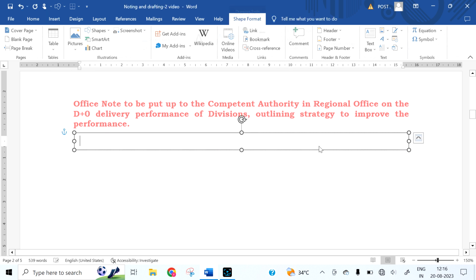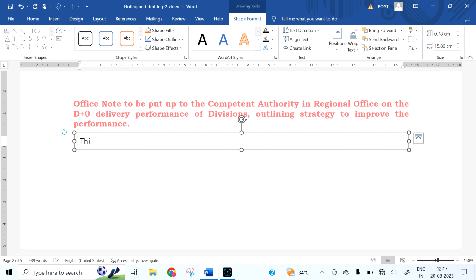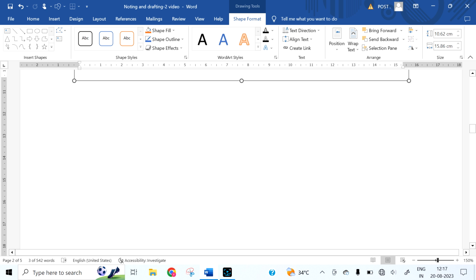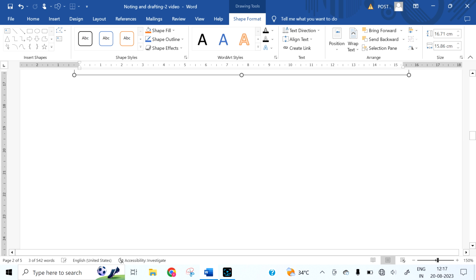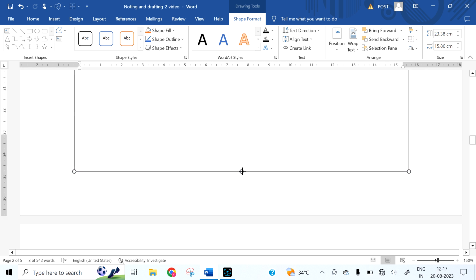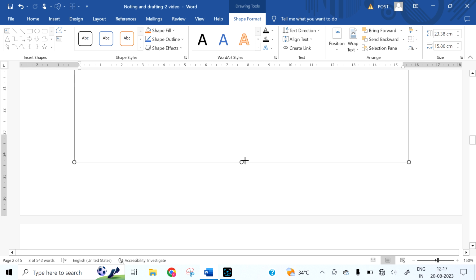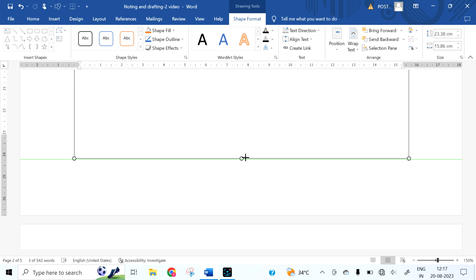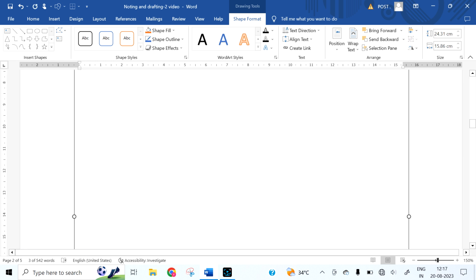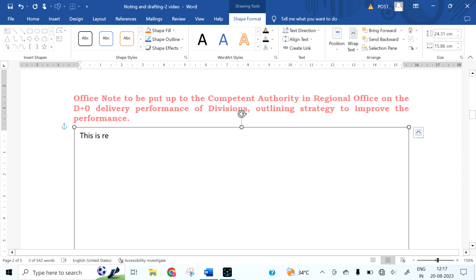Put it here, drag it until the end of the page, so that you can start writing within these 4 lines, and those are the margins. Ideally, we should have margins on all 4 sides. You can see a green color line that appears; that means it is the end of the page. So on 4 sides you have to give margins, and you can write here.